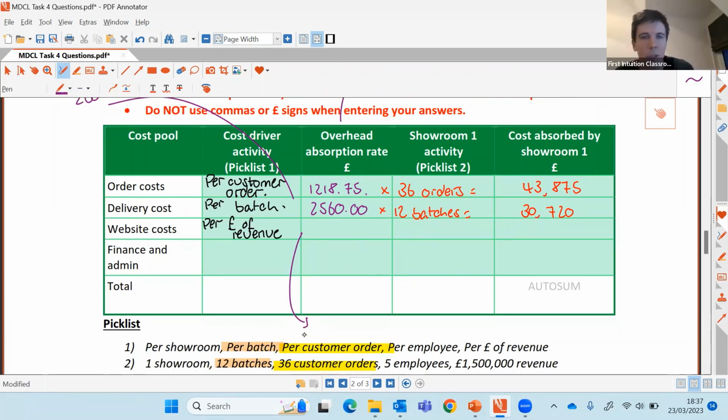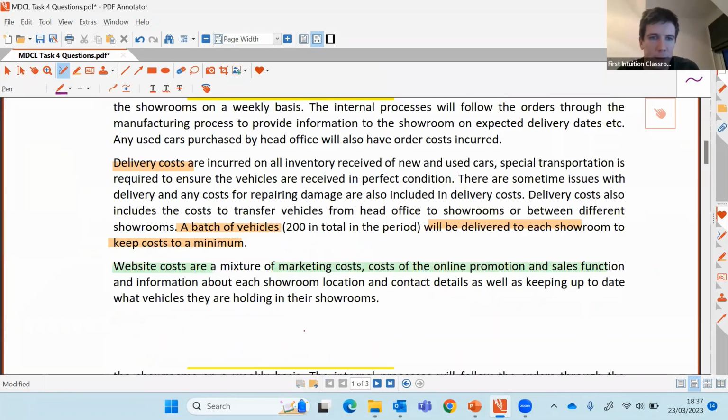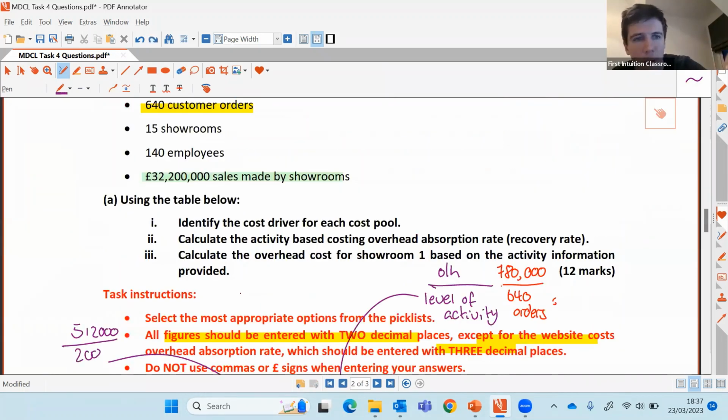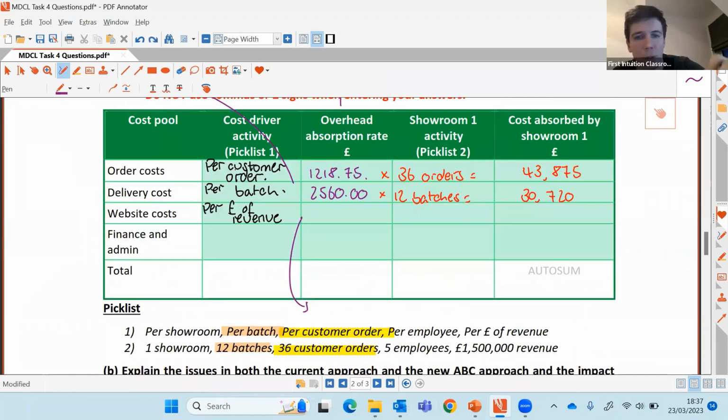So the calculation for the overhead absorption rate, again, is always your overhead divided by your appropriate level of activity. So I'm going to take the 483,000 and I'm going to divide it by the 32,200,000.